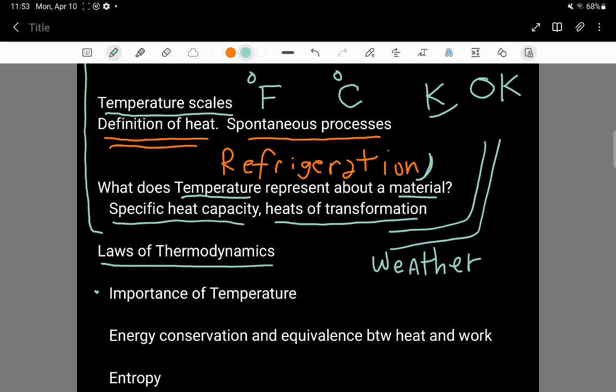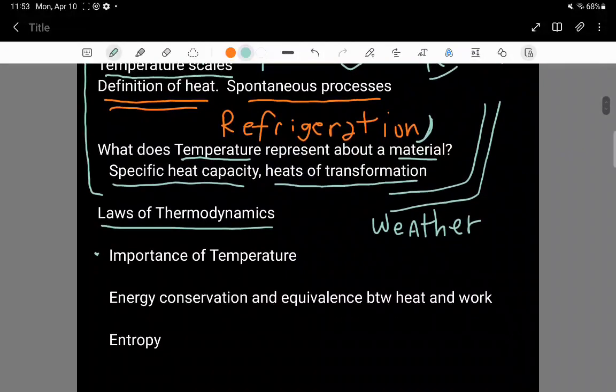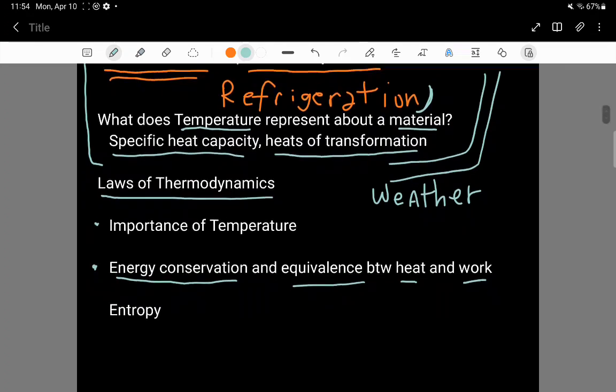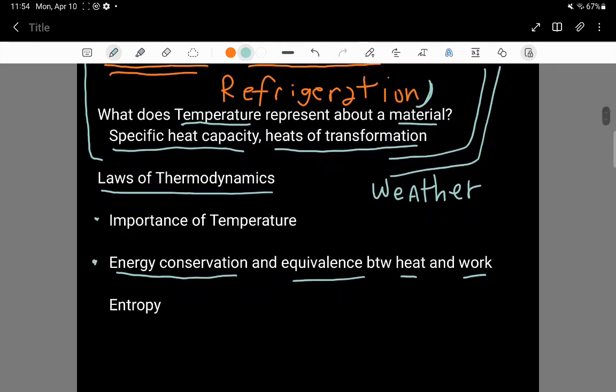It identifies temperature as a fundamental quantity and how it is used. It also identifies energy conservation, where heat and work are equivalent, sort of equivalent ways of changing the energy of a system. That is a law of thermodynamics.